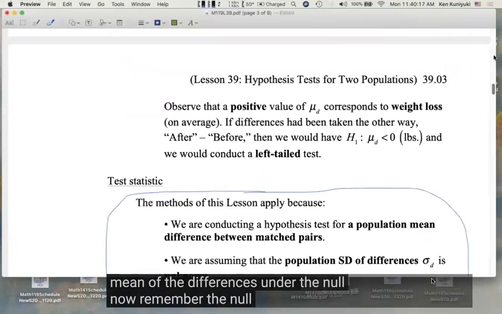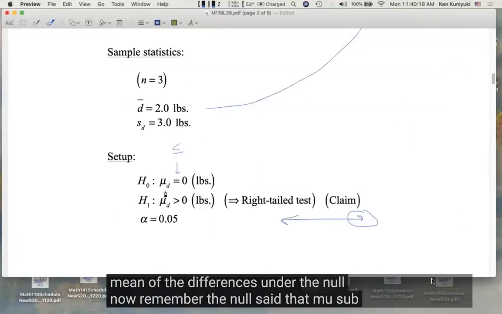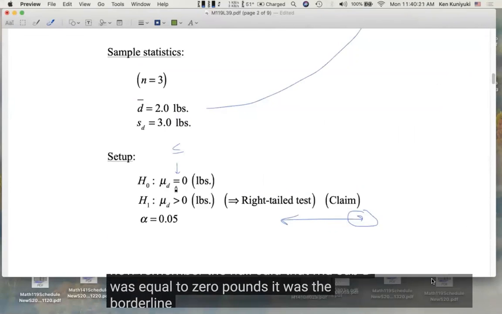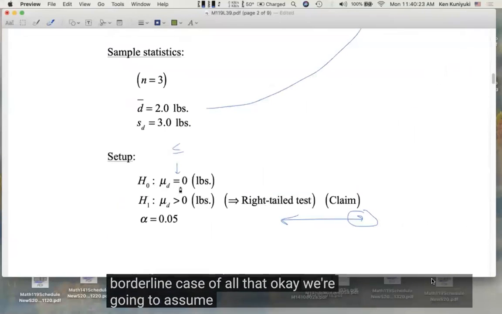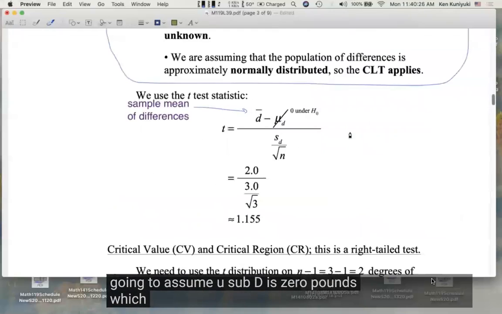Now remember, the null said that mu sub d was equal to 0 pounds. It was the borderline case of all that, okay? We're going to assume mu sub d is 0 pounds, which means this part of the formula goes bye-bye.